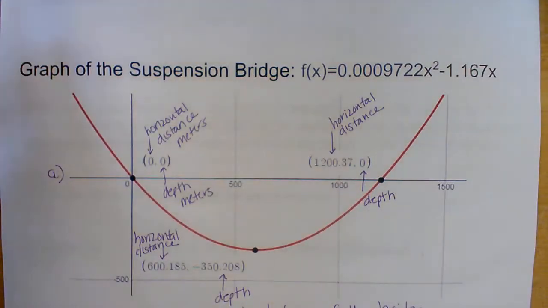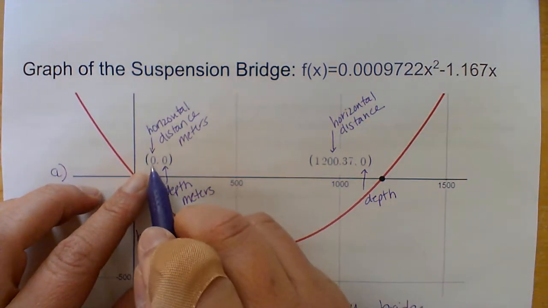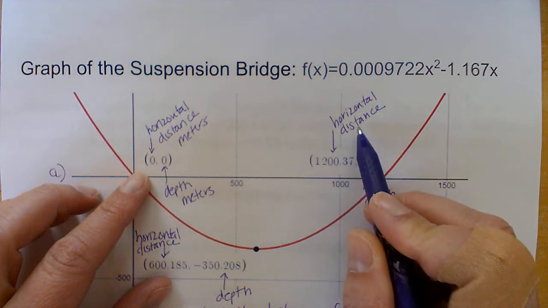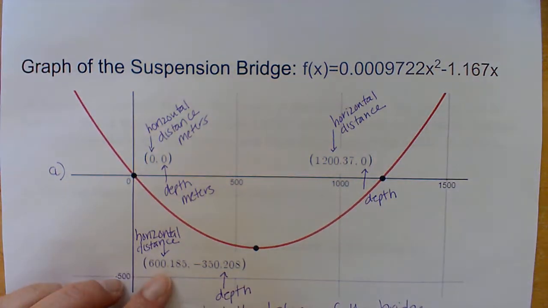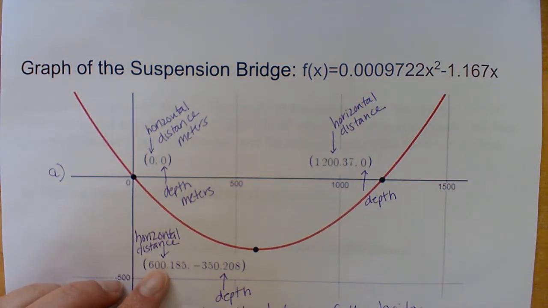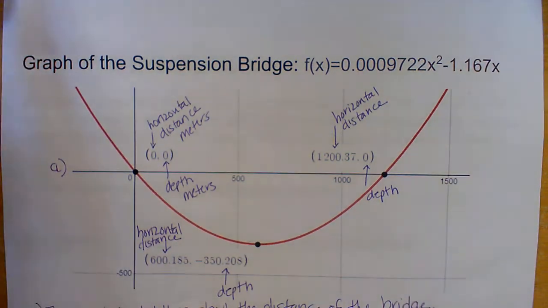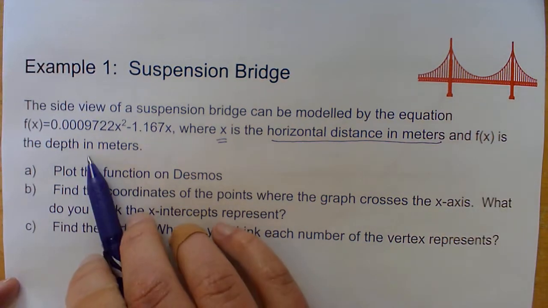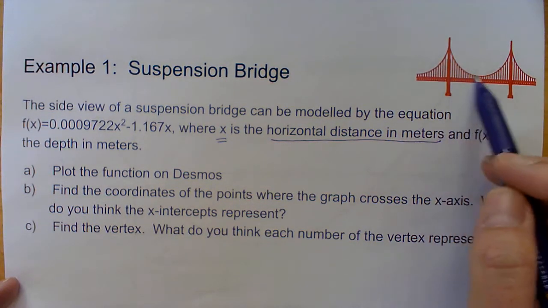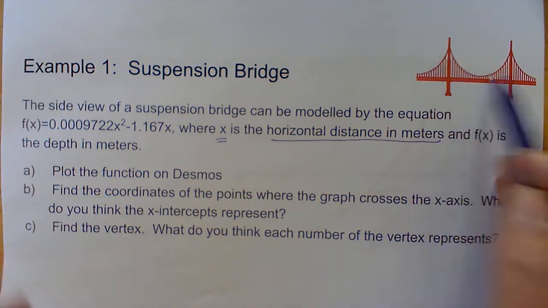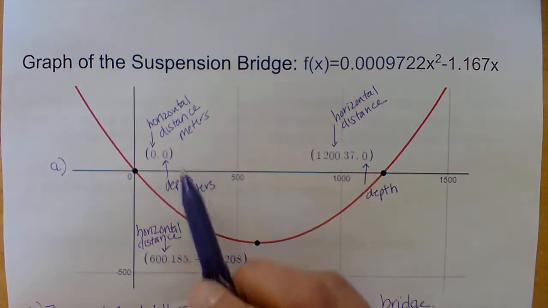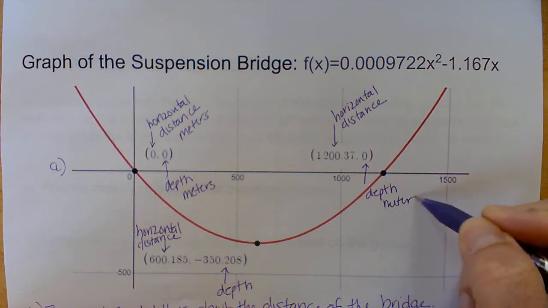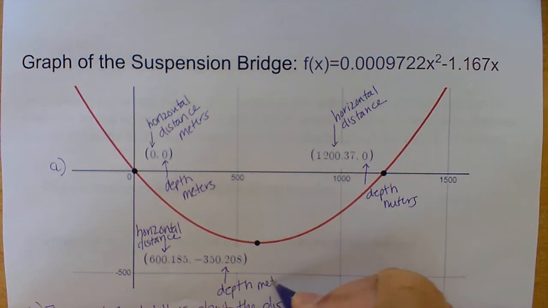So everywhere that I had an x value, I put horizontal distance. And everywhere that I had a y, or f of x, which could be y, that is the depth. That's how far down our bridge goes. So everywhere that I had a y, I wrote depth in meters.